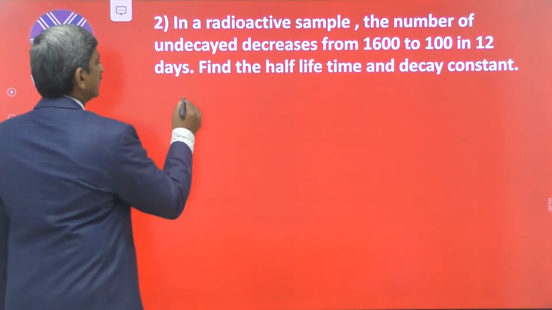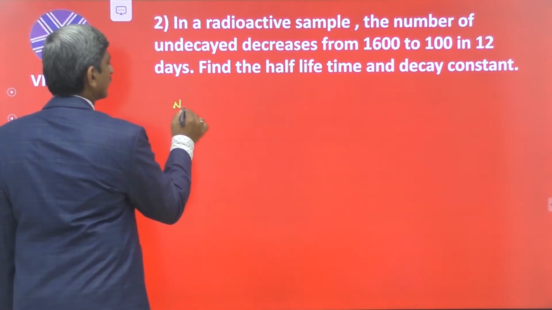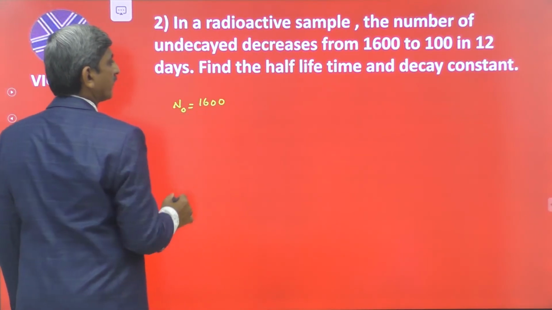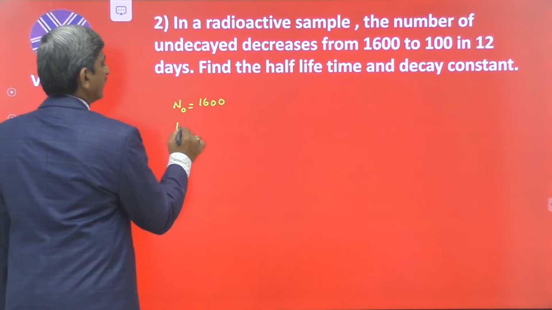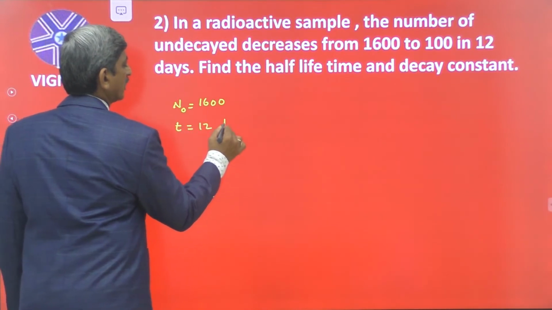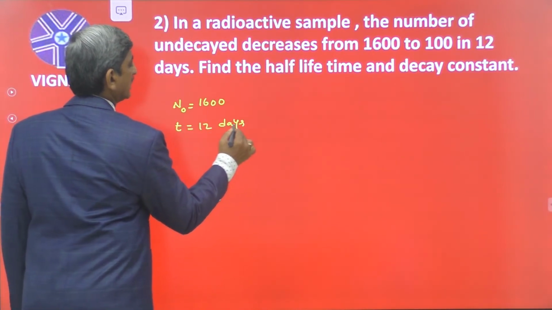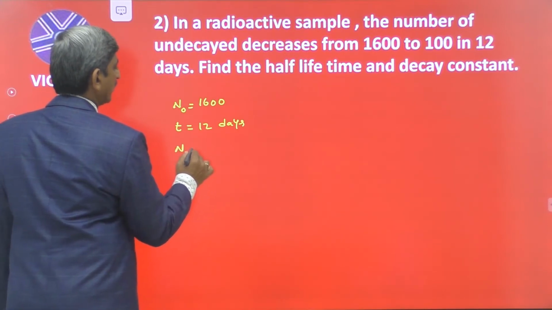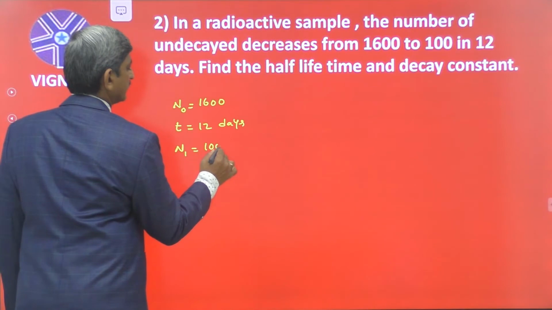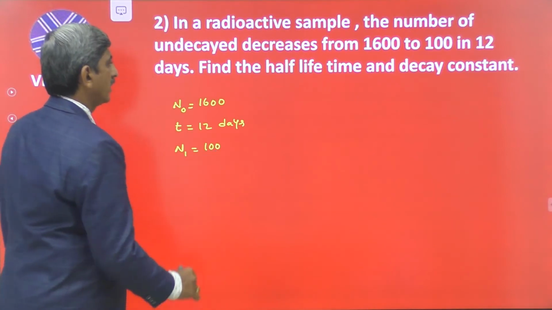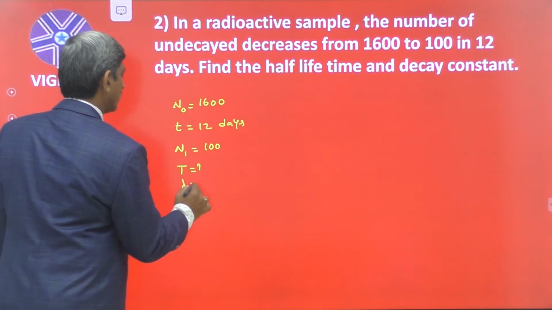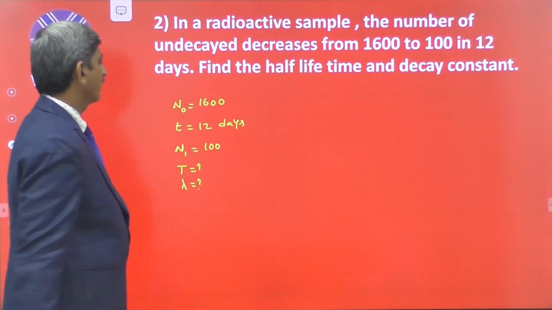So initially it has 1600 nuclei, whereas when the time t is equal to 12 days, the number of the radioactive nuclei left behind is 100. Now we want to determine the half-life time and the decay constant.